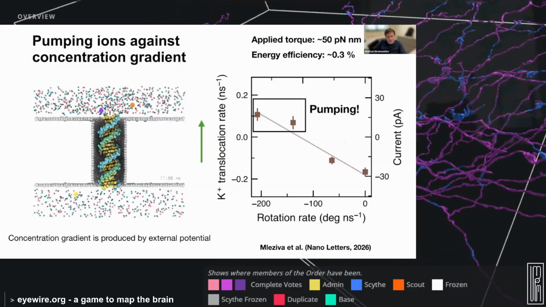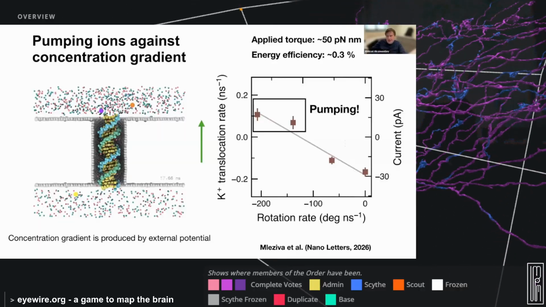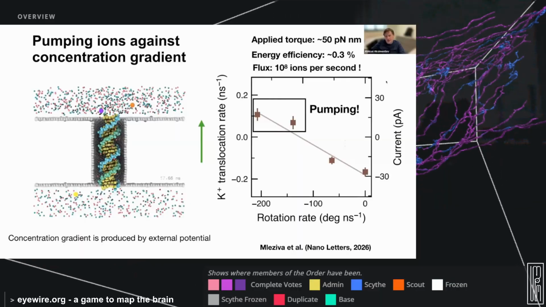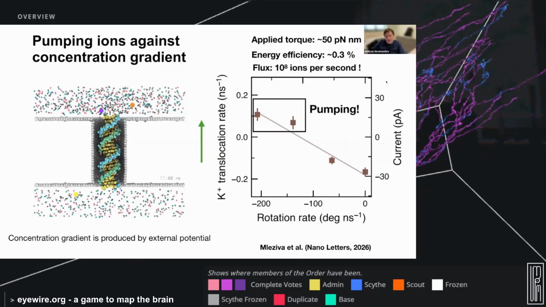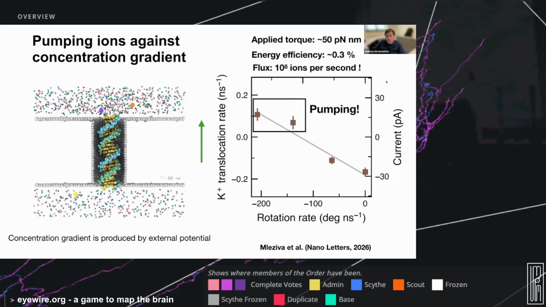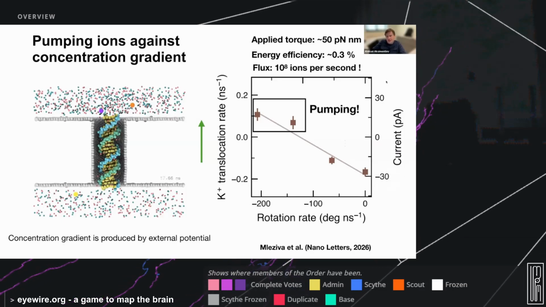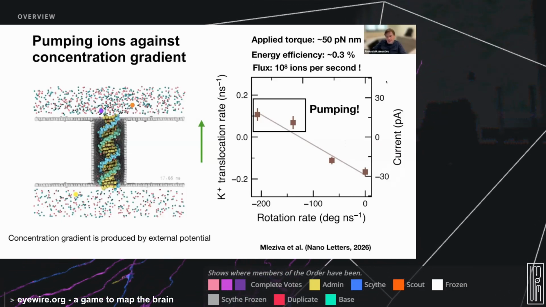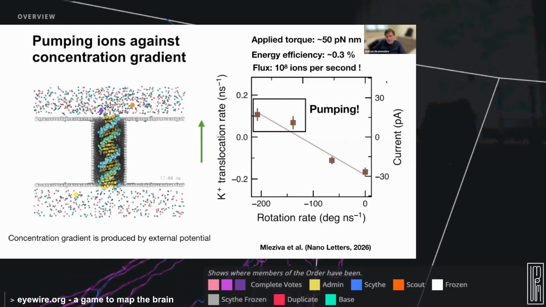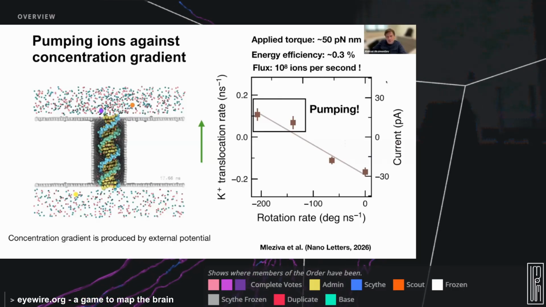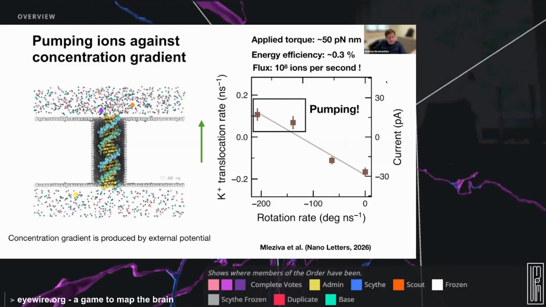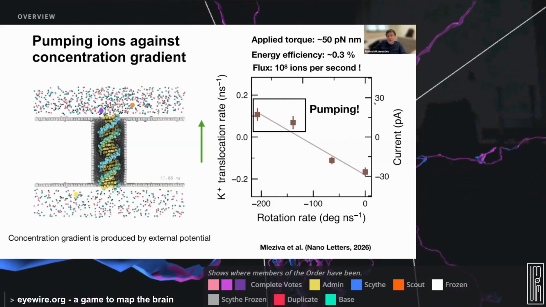So you could say, oh, this is bad. Actually, it's not bad because we are transporting 10 to the 8 ions per second, right? And that's about 5 to 6 orders of magnitude more than ATP synthase transports under pumping conditions. So really, I would say that our design trades efficiency for throughput, and that's how we sell it at this point.